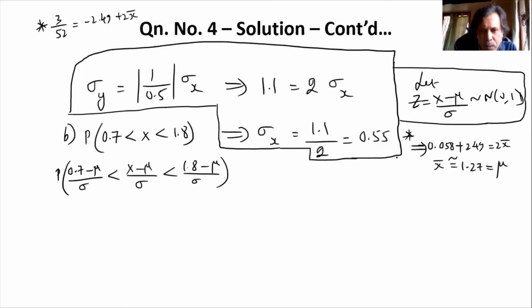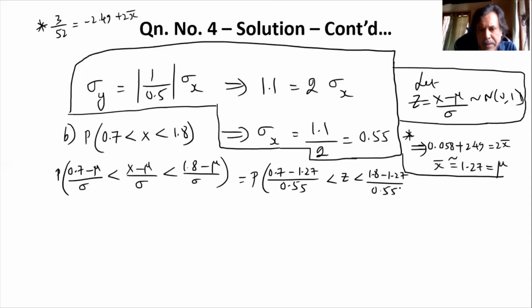This is equal to the probability of (0.7 minus 1.27) divided by 0.55 less than z less than (1.8 minus 1.27) divided by 0.55. If you evaluate all those, we get the probability of negative 1.04 less than z less than 0.96.